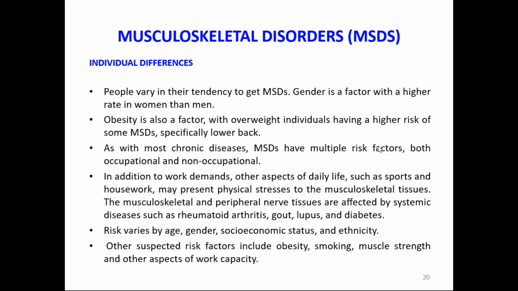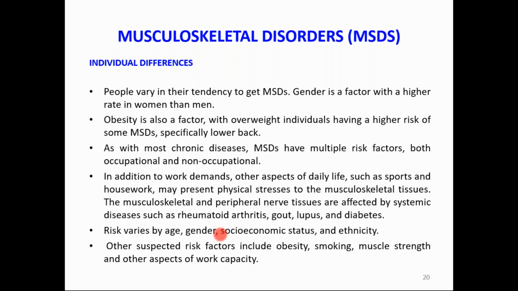As with most chronic diseases, MSDs have multiple risk factors, both occupational and non-occupational. In addition to work demands, other aspects of daily life such as sports and housework may present physical stresses to the musculoskeletal tissues. The musculoskeletal tissues and peripheral nerve tissues are affected by systemic diseases such as rheumatoid arthritis, gout, lupus, and diabetes.